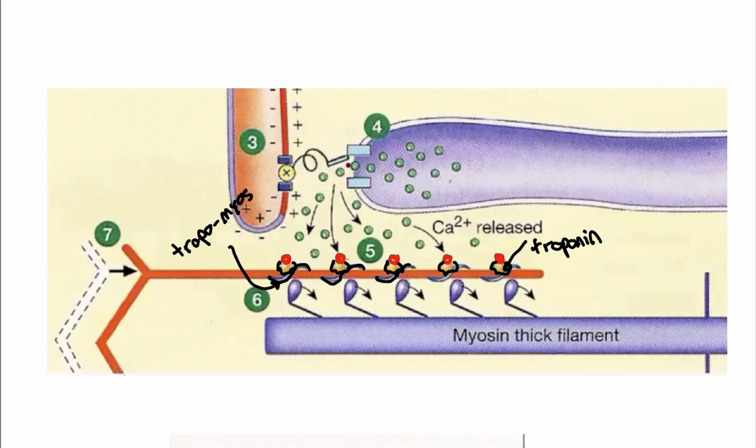And if the shape of tropomyosin is changed, it shifts it just slightly out of the way. This snake that's wrapped around actin is moving a little bit, which allows these myosin heads right here to bind with the actin filament. And when the myosin head binds with the actin filament, then you can initiate a muscle contraction.